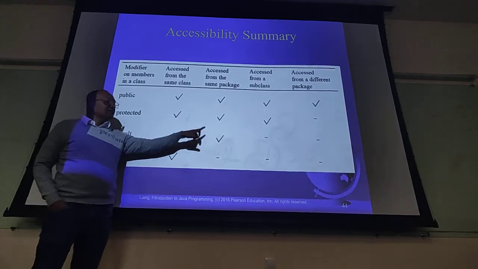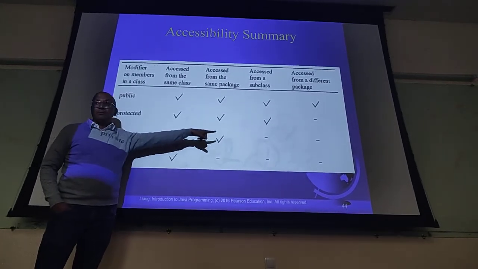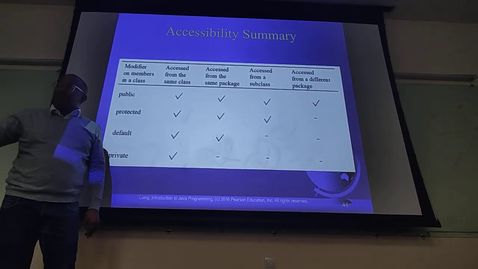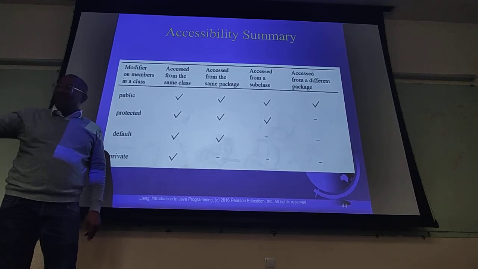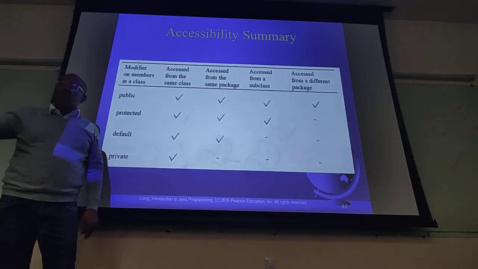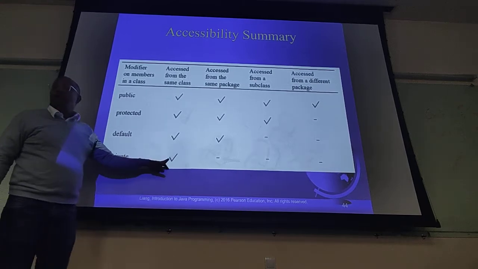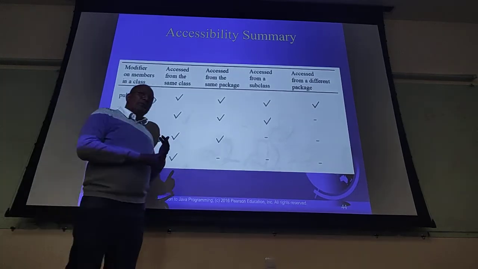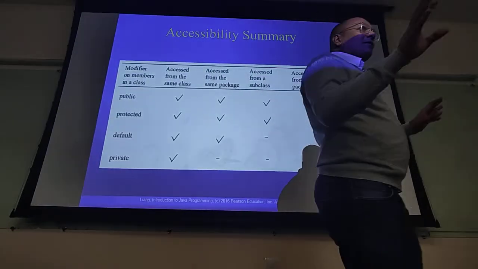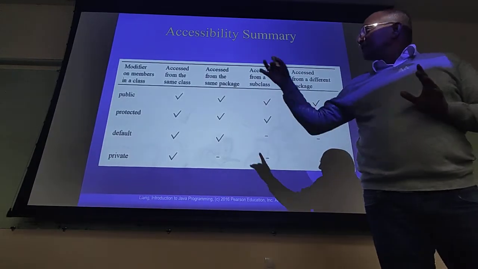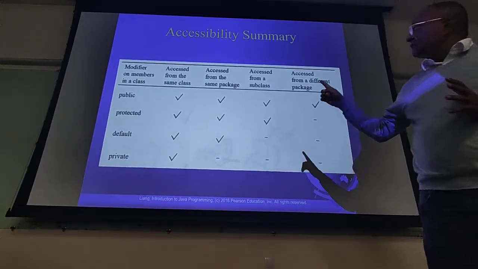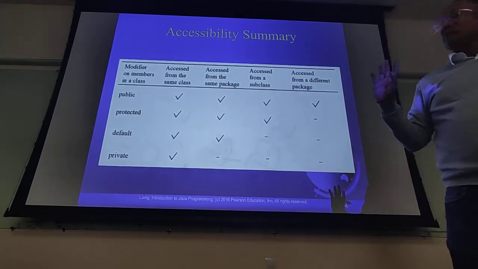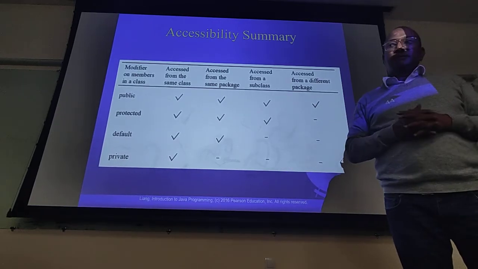Default: same class and same package, but not access from a different package. Listen, sometimes your subclass is in the same package, then it is possible. Default, subclass also in the same package, that time possible. Private, only inside the class. Are we clear? So, public everywhere. Private only inside. Protected inside the class, package and the subclass. And default, same class and the package. Are we clear?